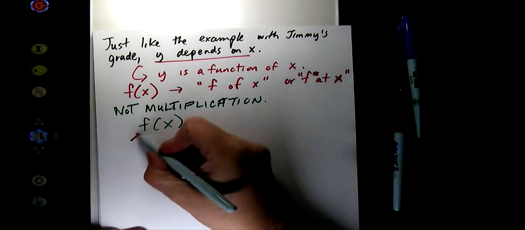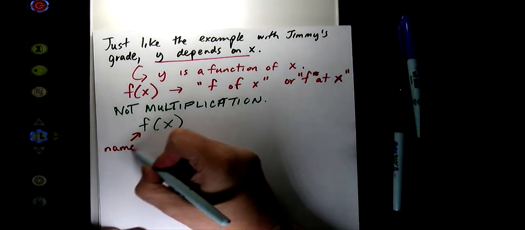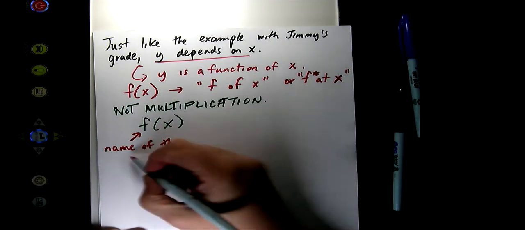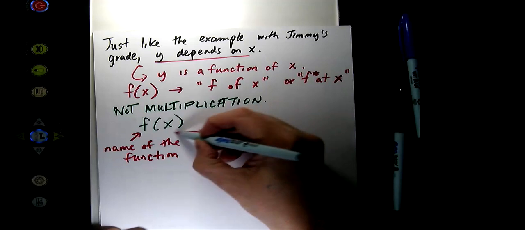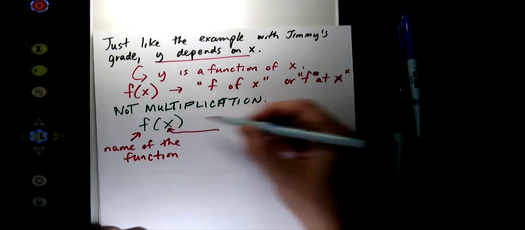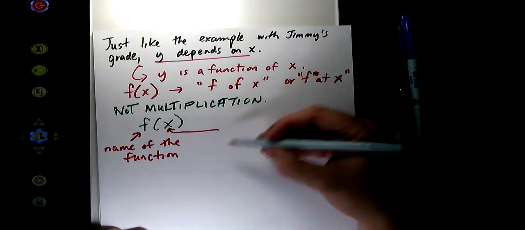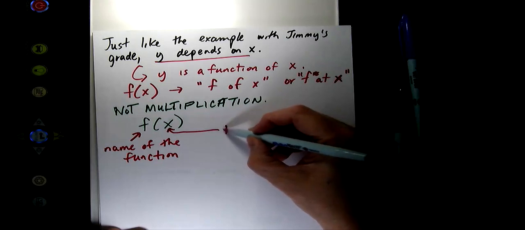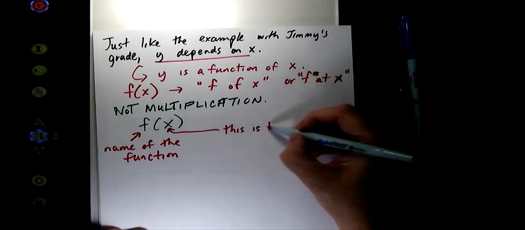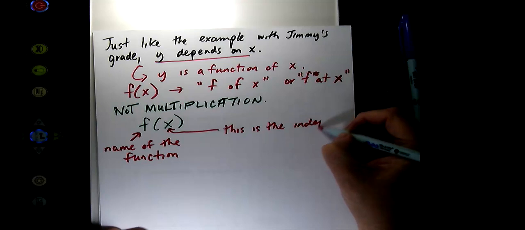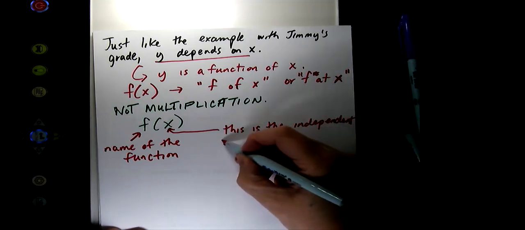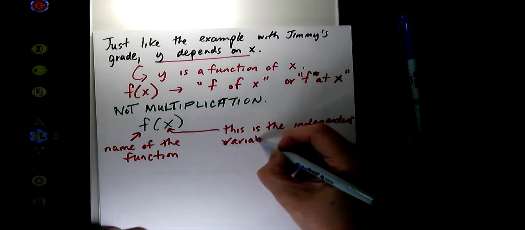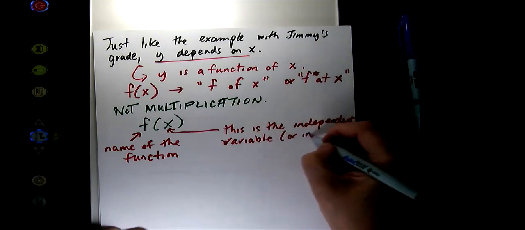This is the name of the function. The f. And what's inside the parentheses tells us this is the independent variable, or input.